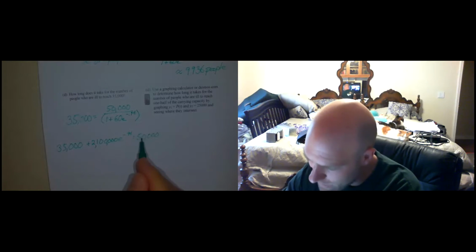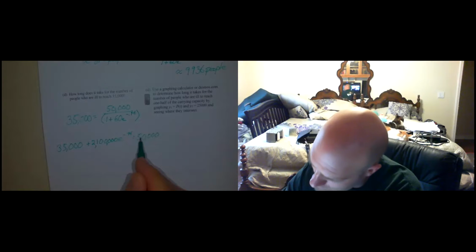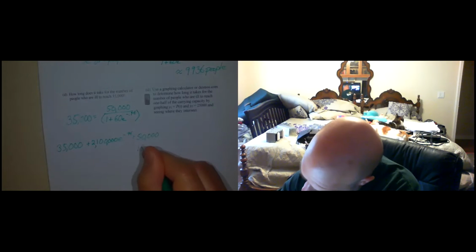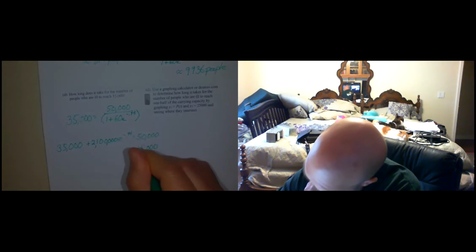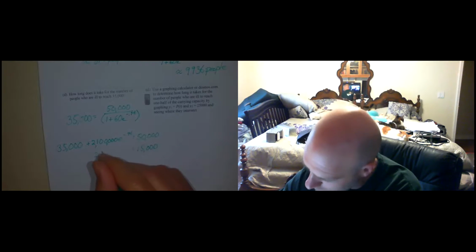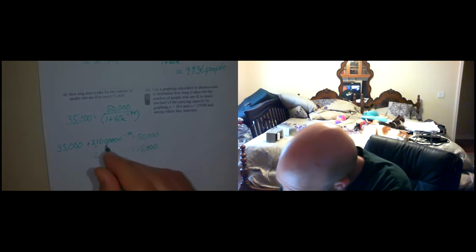I'm going to subtract here, and I'm going to end up with 15,000 equals 2,100,000. Did I get that right? 1, 2, 3. Yep. 2,100,000 e to the negative 0.9 t.